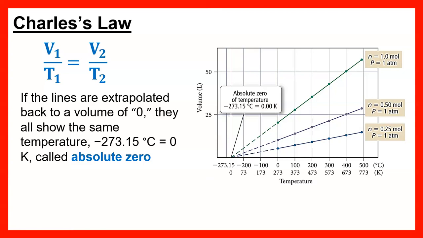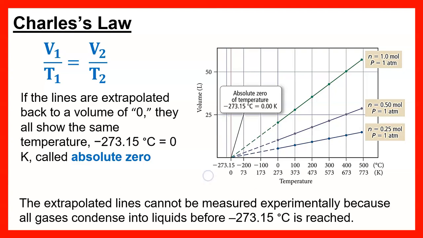Where they touch the 0 line is where they're taking up no volume, and the temperature at which that occurs is considered absolute zero. We have to use a dotted line and extrapolate because everything is going to end up being a liquid before it gets to absolute 0.